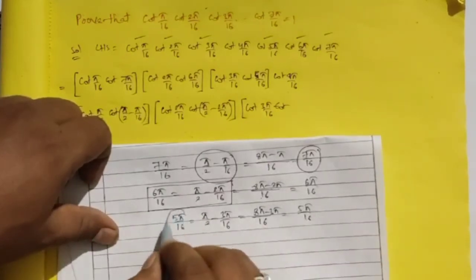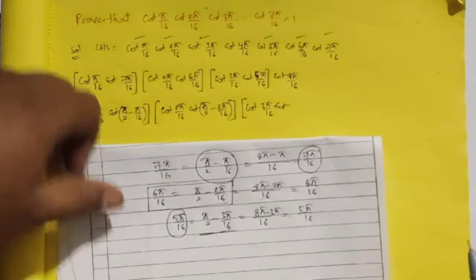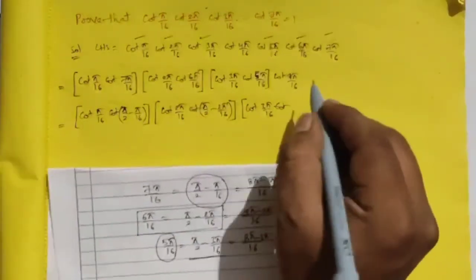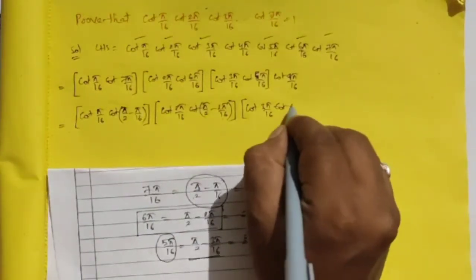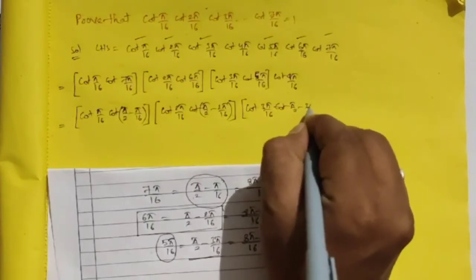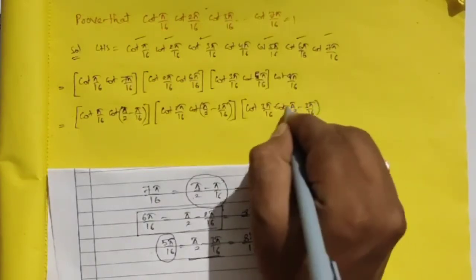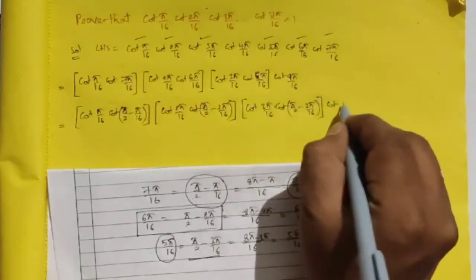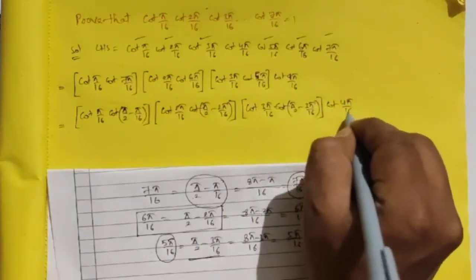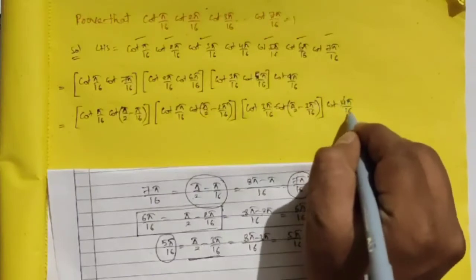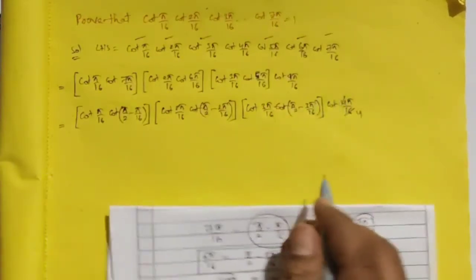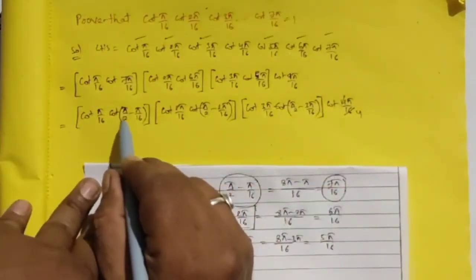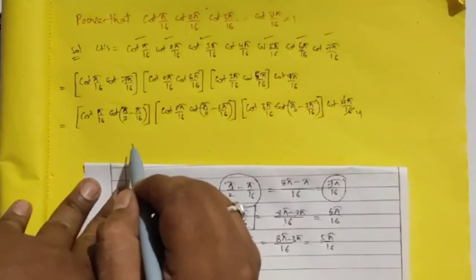Therefore you can write 5 pi as pi by 2 minus 3 pi by 16, so write here cot of pi by 2 minus 3 pi by 16. So next you see cot of 4 pi by 16 we keep as it is, now 4 ones are 4 by 16 you can cut here. So now cot of pi by 2 minus pi by 16 there.